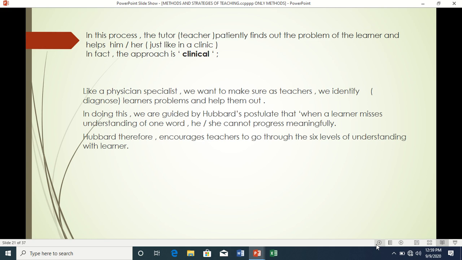So in doing this, as teachers, we must be guided by Hubbard, who has said, and we quote him, when a learner misses understanding of one word, this learner cannot progress meaningfully.